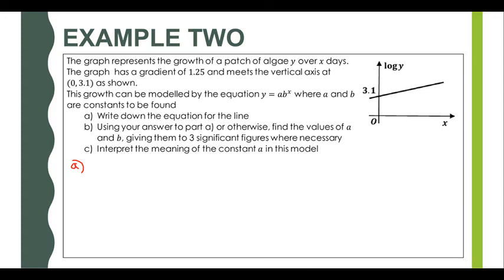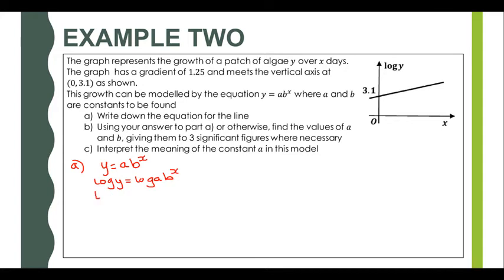For part A, we're asked to find the equation of the straight line. So given our equation, y equals ab to the power of x, we can write this in log form now. So if we take logs of both sides, we get log y is equal to log of ab to the power of x.